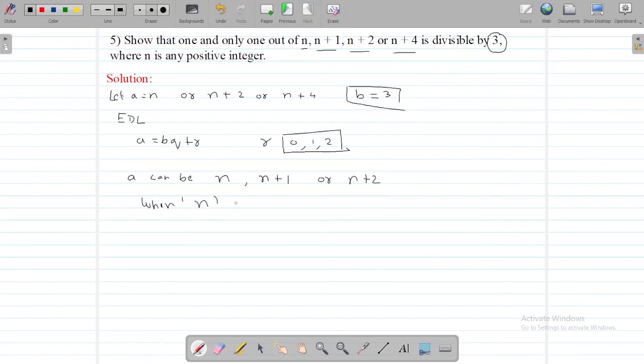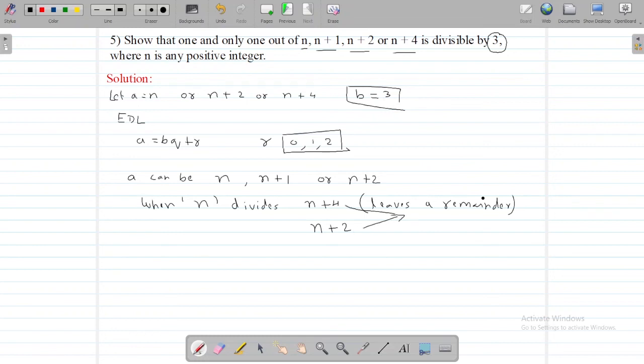According to the division lemma, n divides, it divides n plus 4. So it leaves a remainder, as well as this n plus 2, it also leaves a remainder.